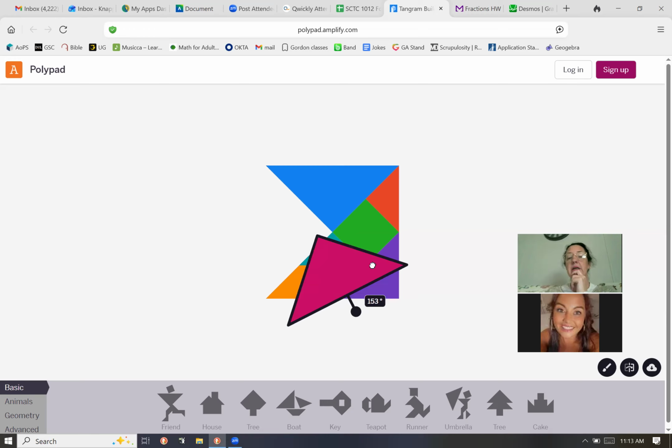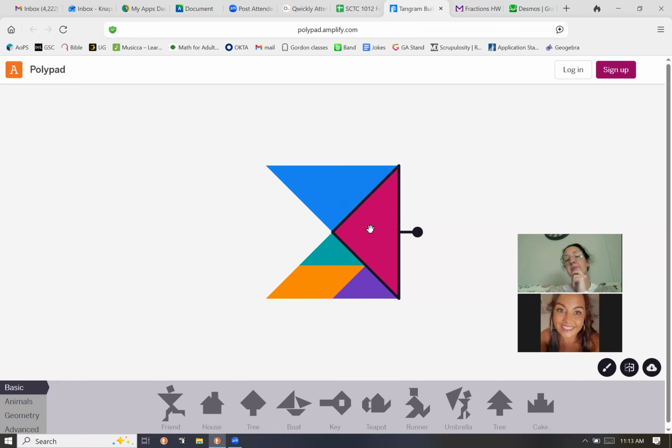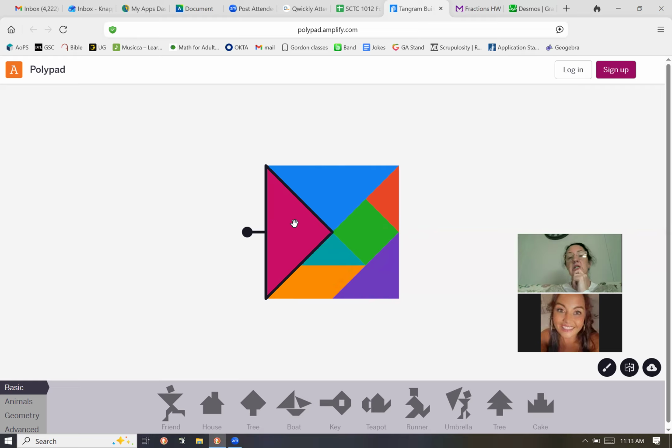And I'll drag it here as well. So you can see this big tangram piece is really the same area as those 4 regions. So you could take your $8 and break it up into 4 pieces. So Tony, can you tell me what is 8 divided by 4?